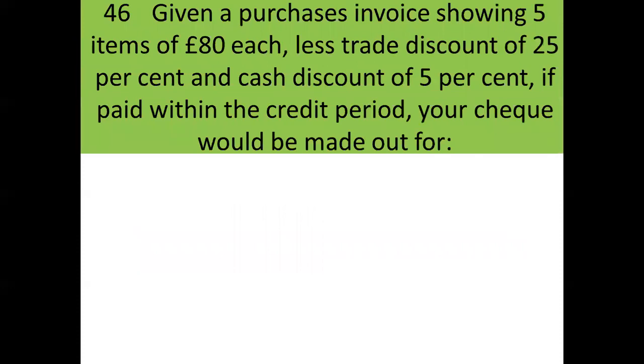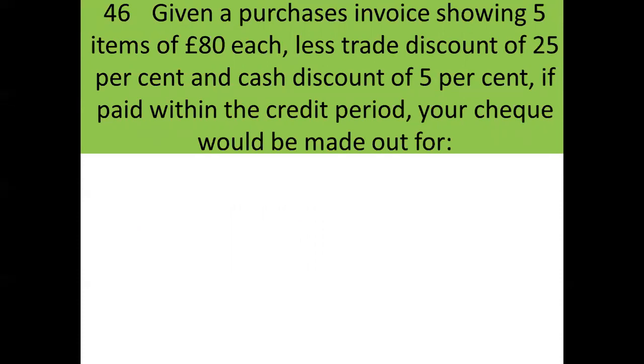Given a purchase invoice showing 5 items of 80 each, less trade discount of 25% and a cash discount of 5%, if paid within the credit period, your check would be made out for what? Here you have to calculate the net amount that we pay to the supplier.